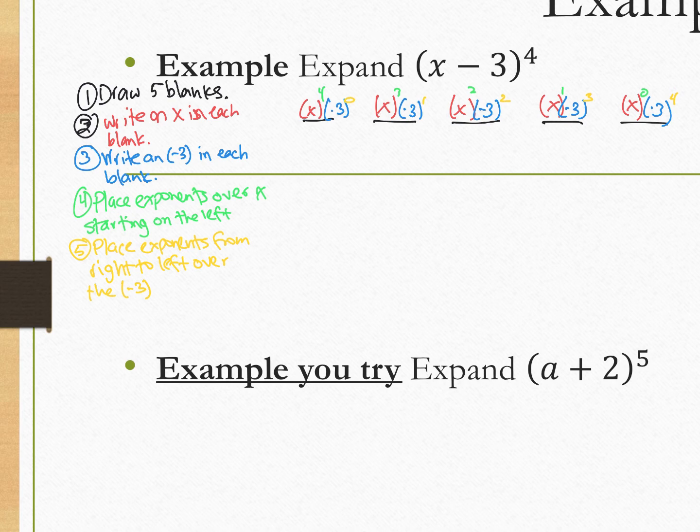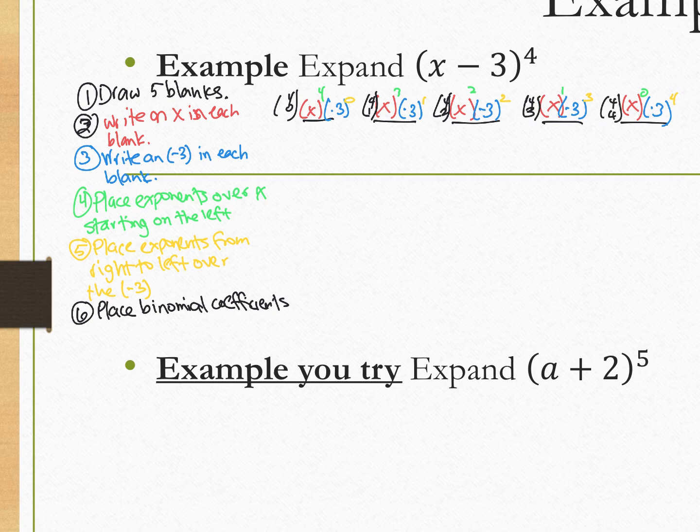Okay. And then we are going to place the binomial coefficients. The first one would be 4 choose 0, then 4 choose 1, 4 choose 2, 4 choose 3, and 4 choose 4.